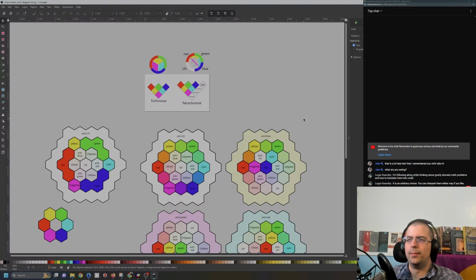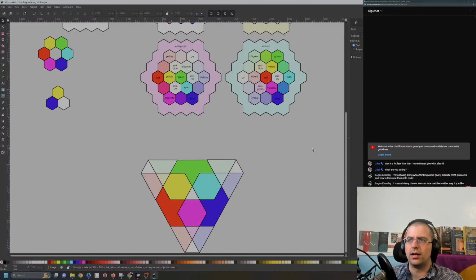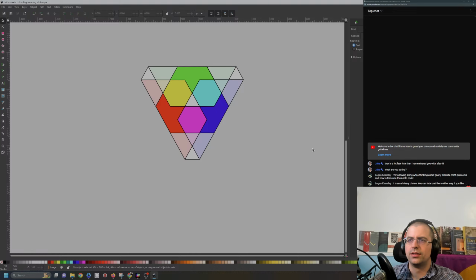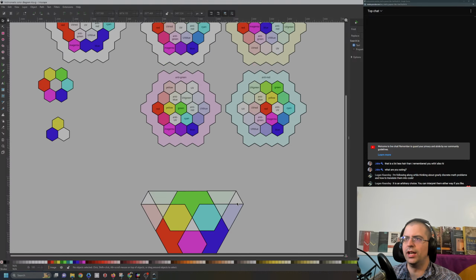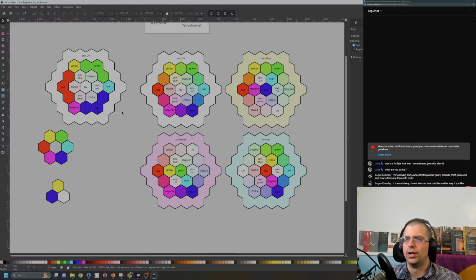Let's see. I also made my own diagrams, and Logan has his own version of this, like a tetrahedron. We can make these black to go along with the convention we're doing. But this was one that I was working on. I was also working on my own polar projection type things.